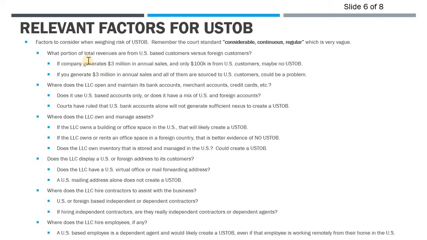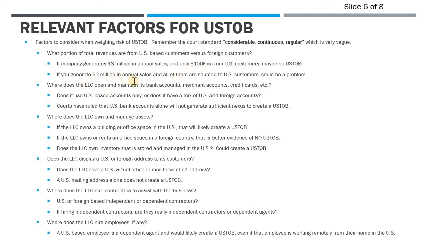One question asked is always, what portion of the revenues are from U.S. customers versus foreign? If we have, for example, a company that does $3 million in annual sales and only $100K is from U.S. customers, certainly no USTOB here, not based on this fact pattern alone, because most of your sales are foreign and you've only got a small piece from a U.S. customer, so probably not an issue there.